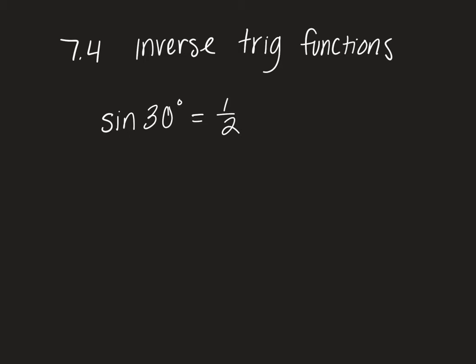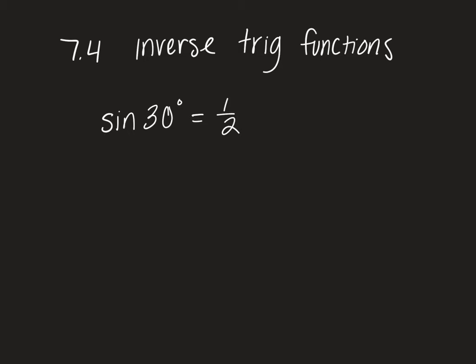1/2 and 0.5 are interchangeable things. You don't have to put the degree symbol in. Why? It gives you a different answer. If you don't put the degree in, I got negative 0.98. That means you're in radian mode.